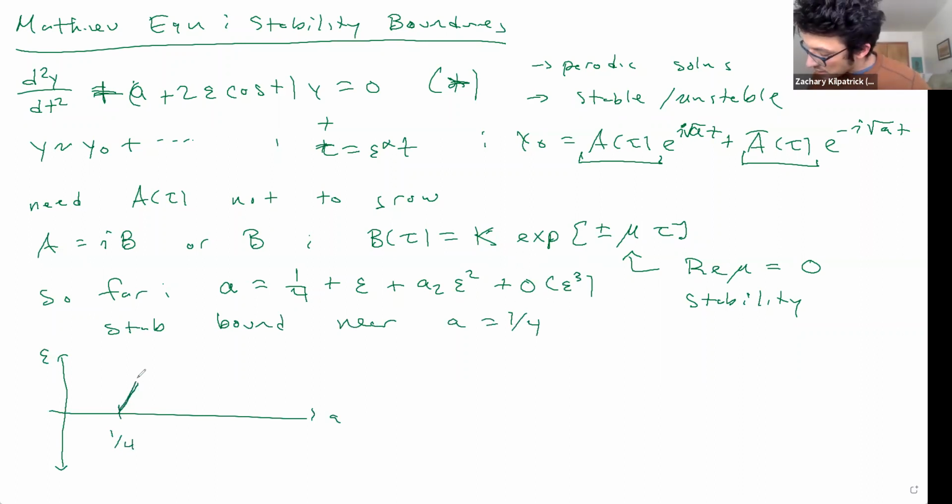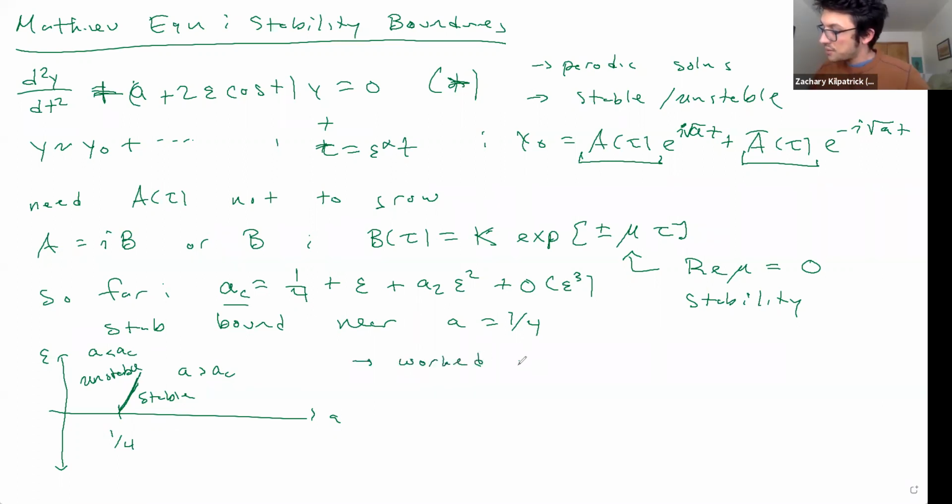And so we can draw this here, and we say that we should expect to find stable solutions just the other side to the right of this, and unstable solutions to the left of this. Okay, so for a greater than this sort of a critical, and a less than this sort of a critical boundary here.